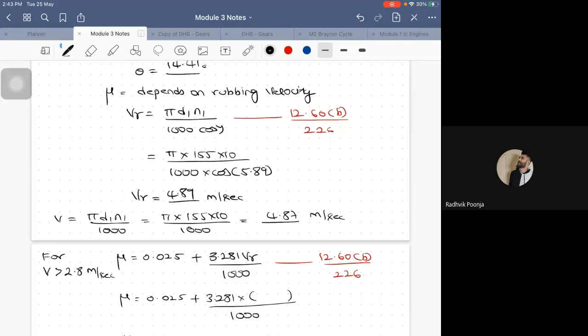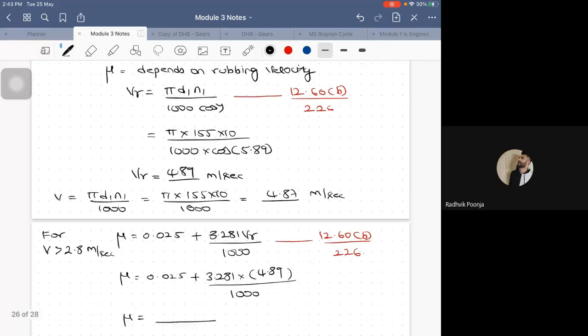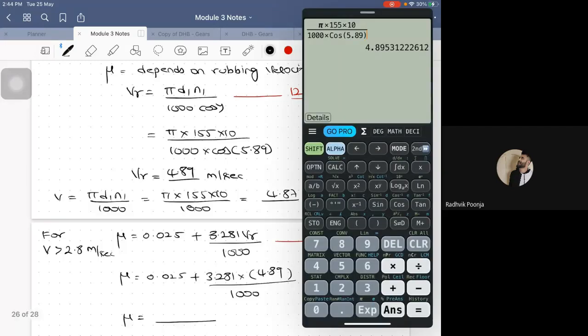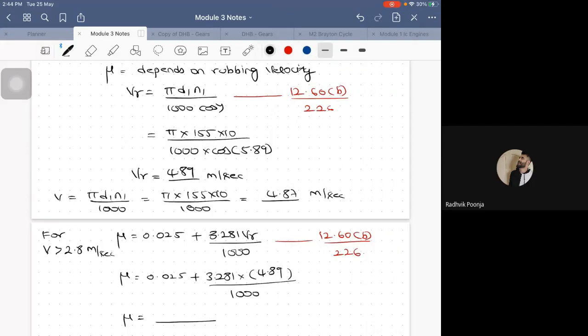Substitute the value of VR, 4.89, and give me the value of mu. Okay, 0.041.